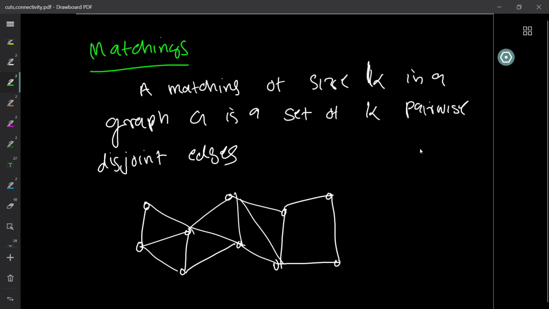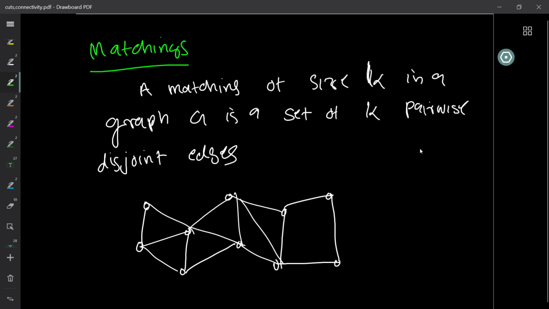An independent set in a graph is a subset of vertices where no two of them are joined by an edge. So these vertices as a subgraph have no edges between them.